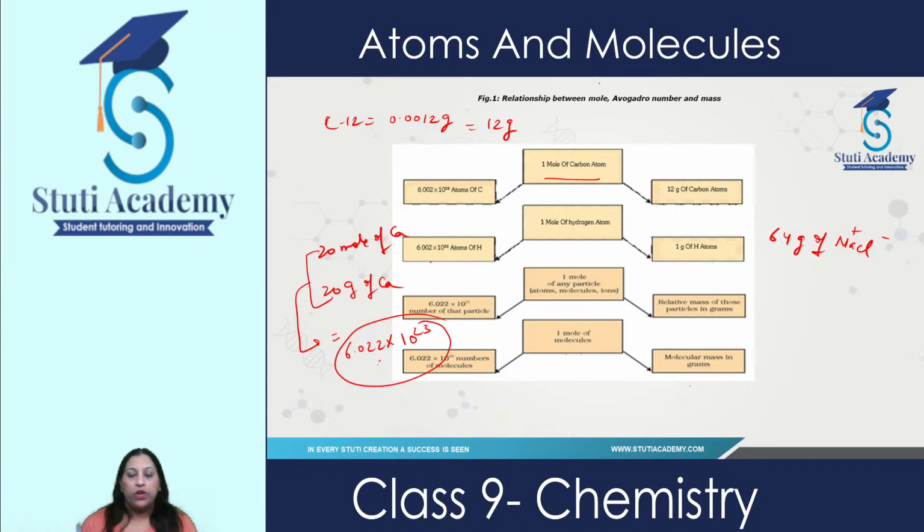So 64 gram of NaCl, or 64 molecules of NaCl, are equivalent to Avogadro's number. In place of these molecules, we can write grams, and they both are always equal to 6.022 into 10 raised to power 23, which is Avogadro's number.